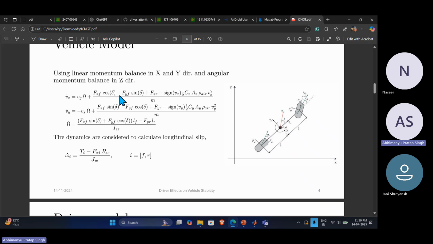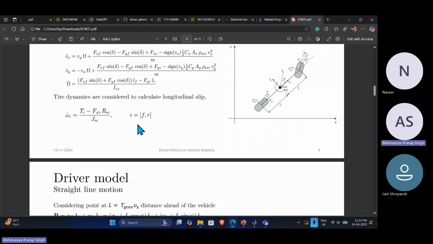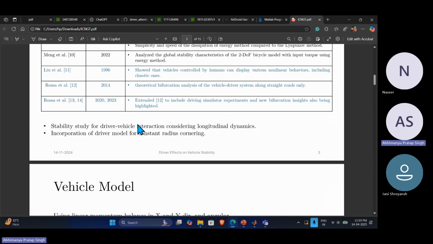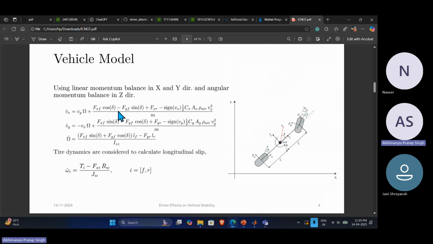All of these Fx, Fy are dependent on Vx, Vy, small omega and capital Omega. So it's a very cumbersome equation that we get finally out of it.